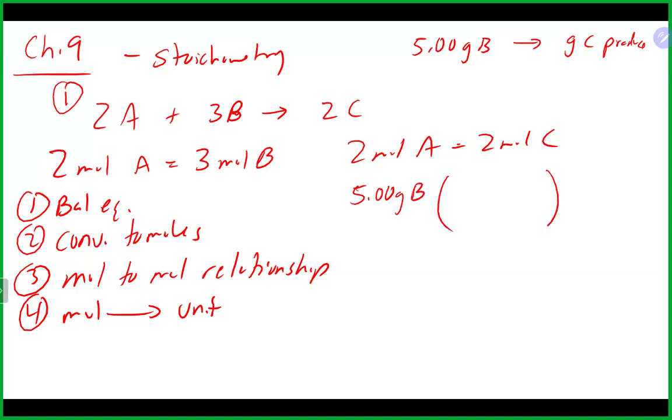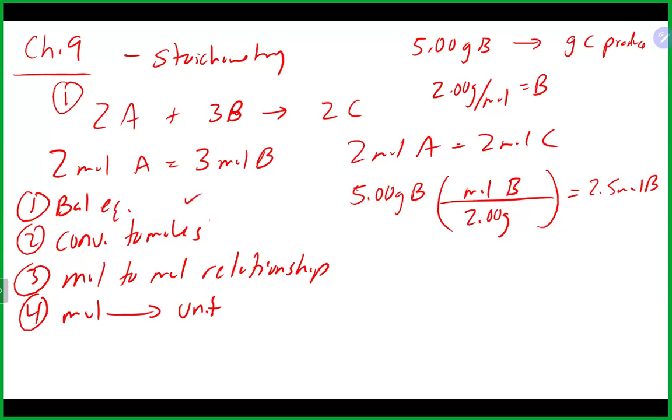I would use the molar mass of B, and I'm just going to say that that's going to be 2 grams per mole. You get that from the periodic table, obviously. We would go with 2 grams per mole here of B. And again, that's our second step there. That's going to get us 2.5 moles of B.